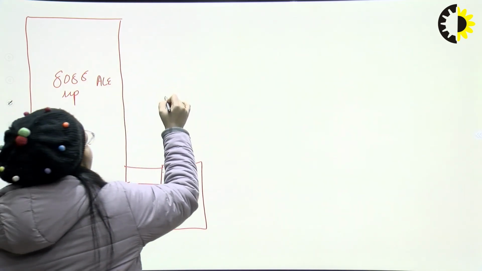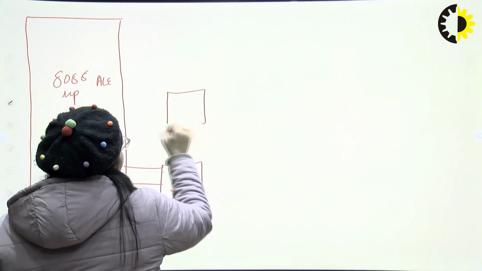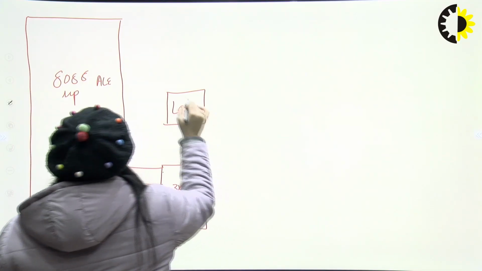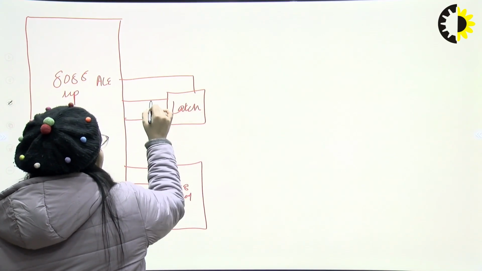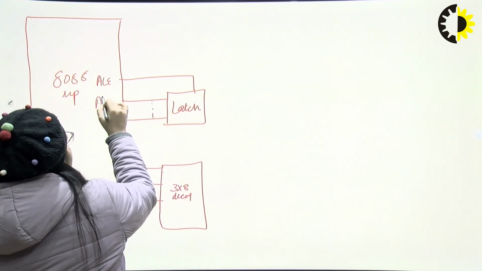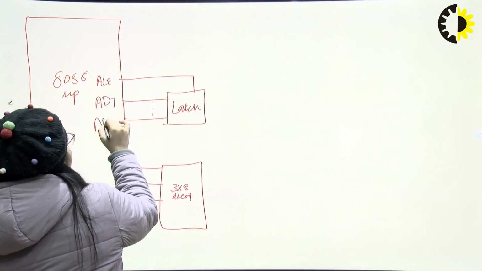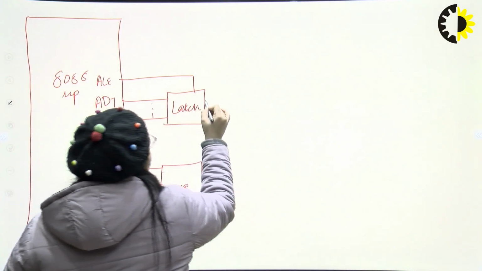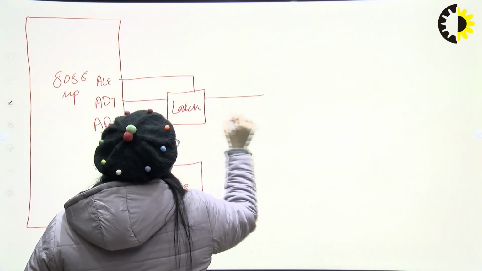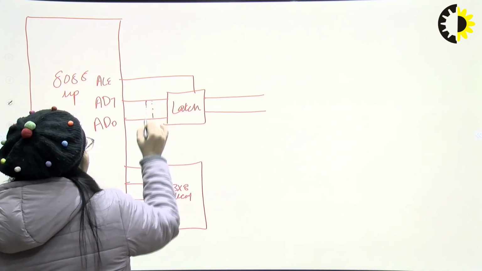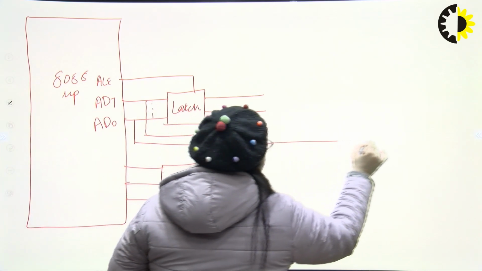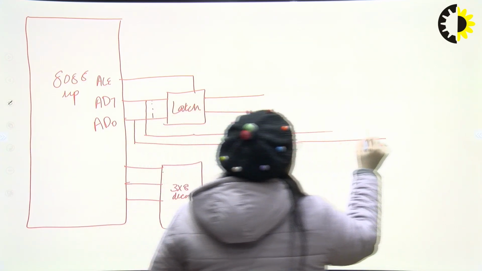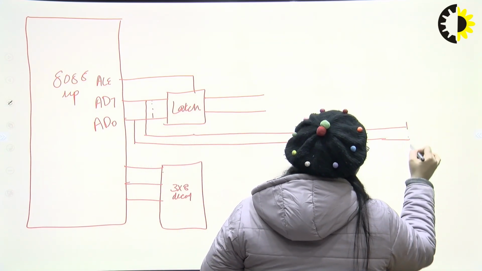Now this is my latch. Latch needs ALE. Here address lines are from AD0 to AD7. From latch I will have A0 to A7, and without latch I will have data lines. So I can put these data lines like this in an arrow.